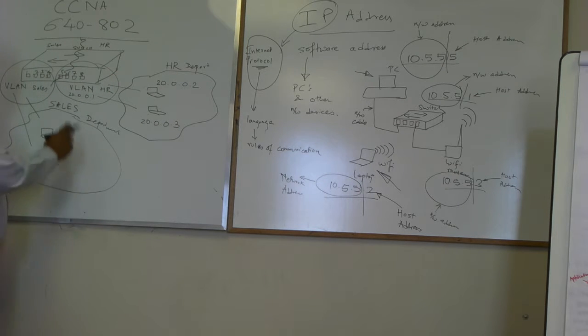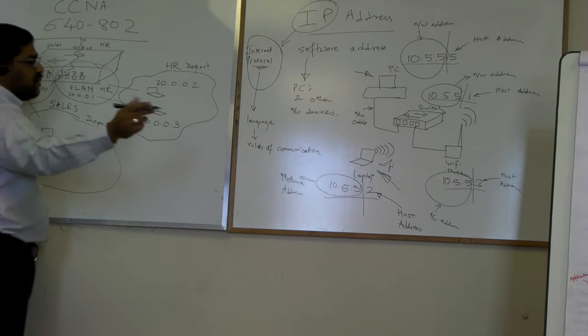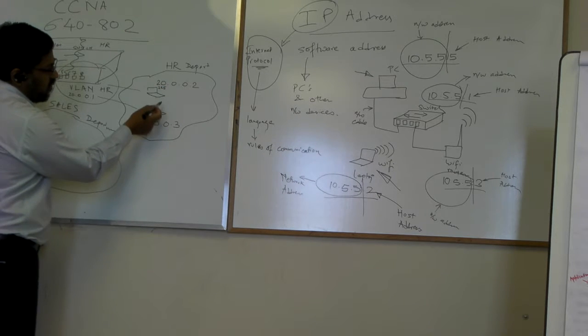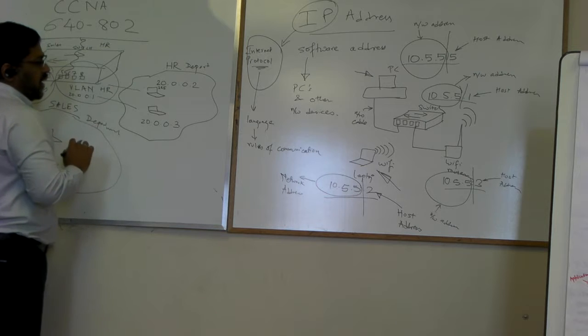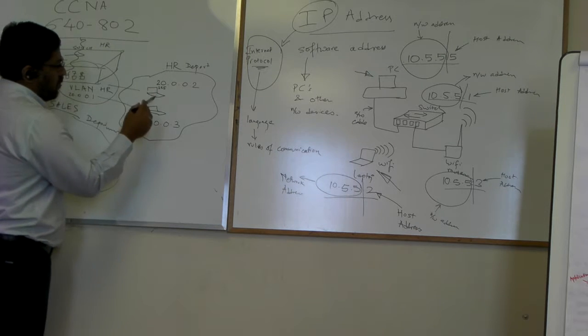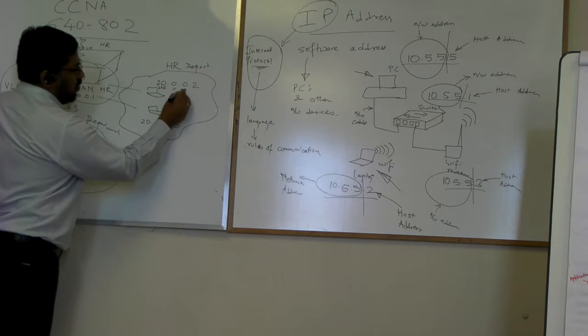Okay. Now just looking at that, I understand that I've missed out on my subnet mask. Let us keep the subnet mask in such a way that it just falls under the network address. So I have chosen my network address to be 20. All computers will have that number same. And the rest I'll just keep it 0 for the host.